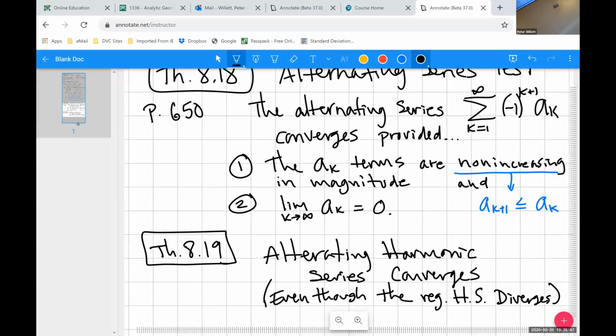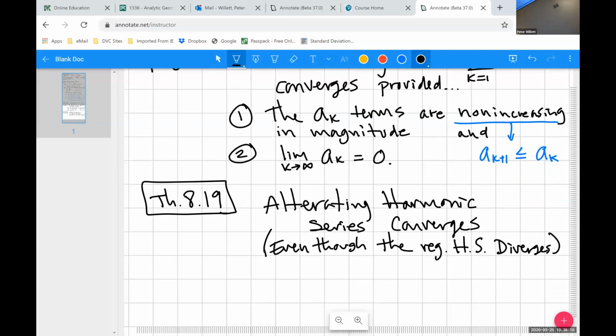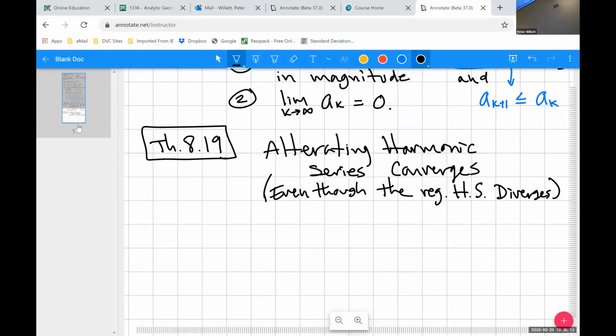Okay, so looking at this first example, we can see that when you take a series with only positive terms, but then all of a sudden make a new series out of it by having the terms alternate in sign, you can literally take a series that diverged and went off to infinity and turn it into a series that converges to a number. And we now have a test that's for alternating series.